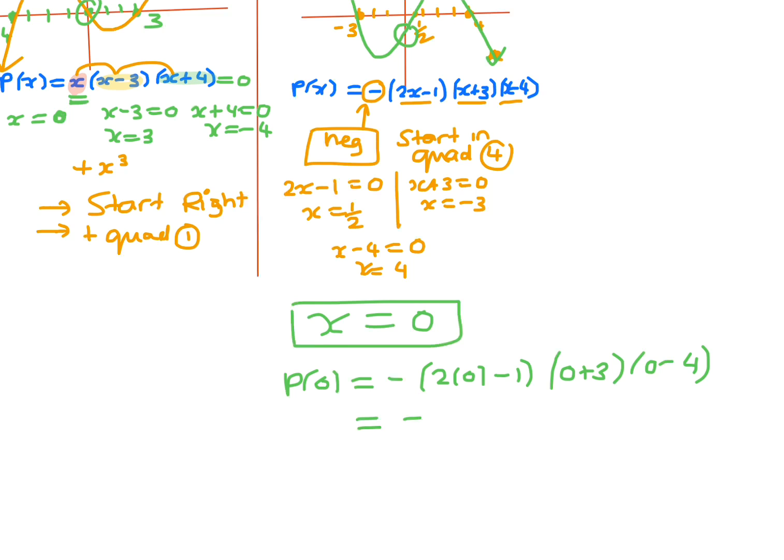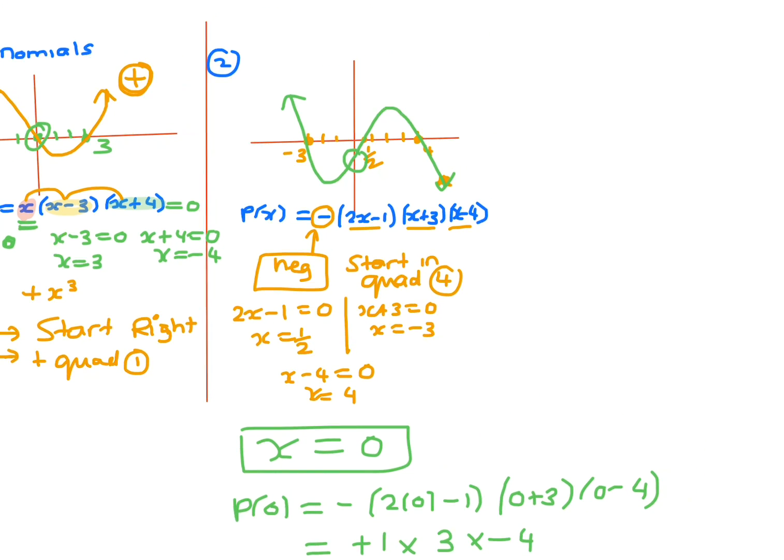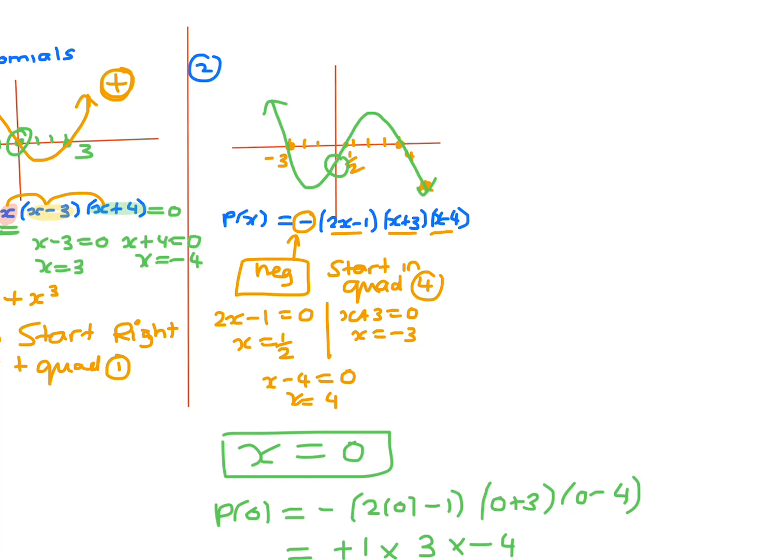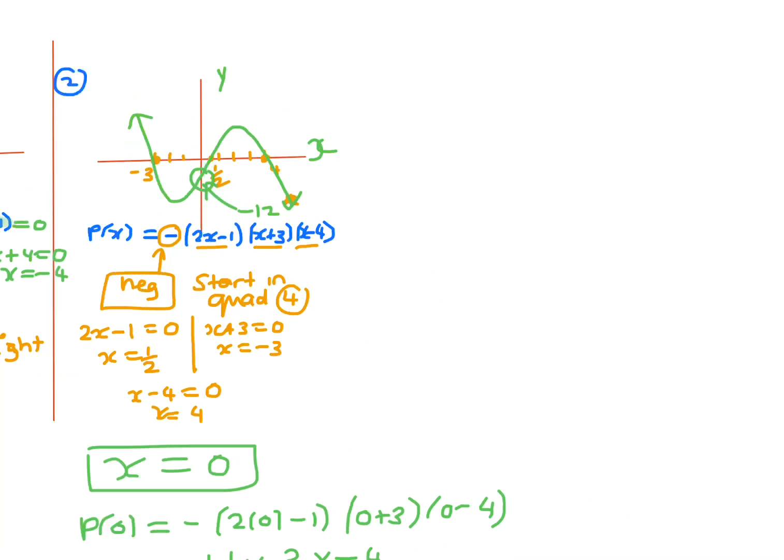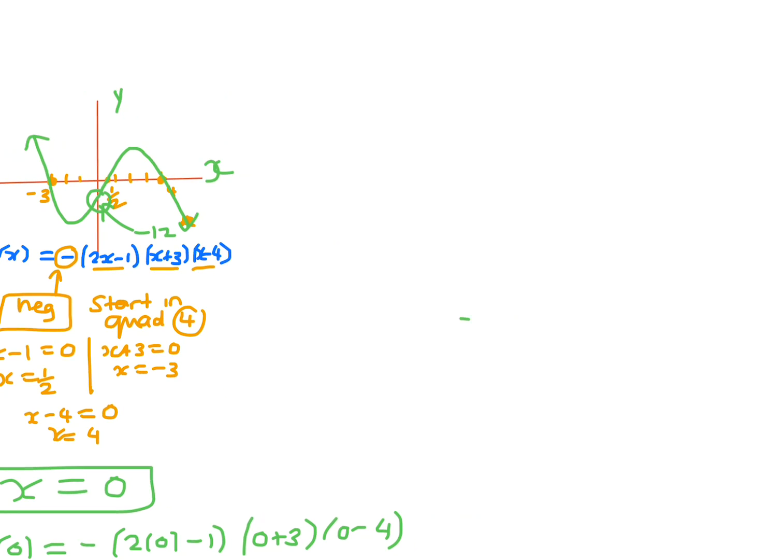You get minus 1, which is plus 1, times 3 times minus 4. You end up with minus 12. So this y value here, even though it's not very good scale here, will be minus 12. That's the x and the y-axis. You need to mark in the intercept on the y-axis.